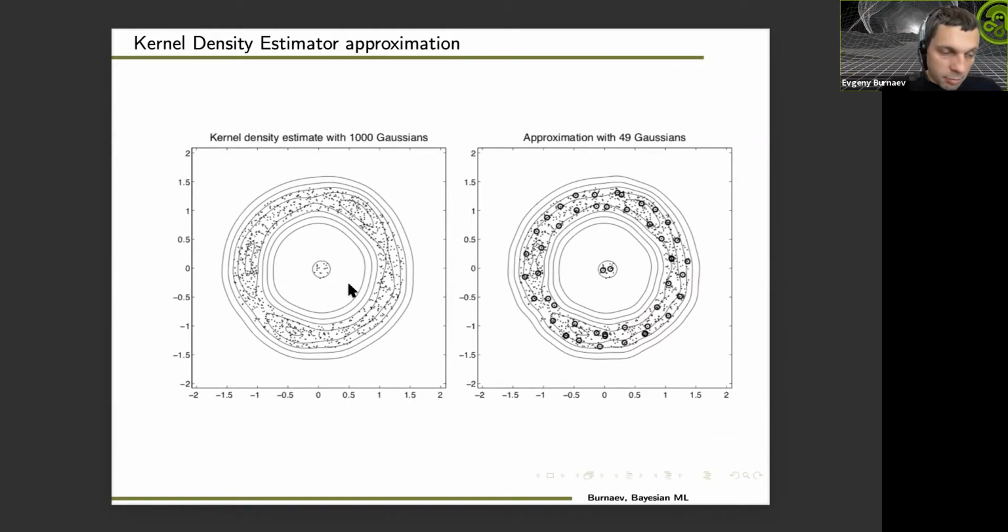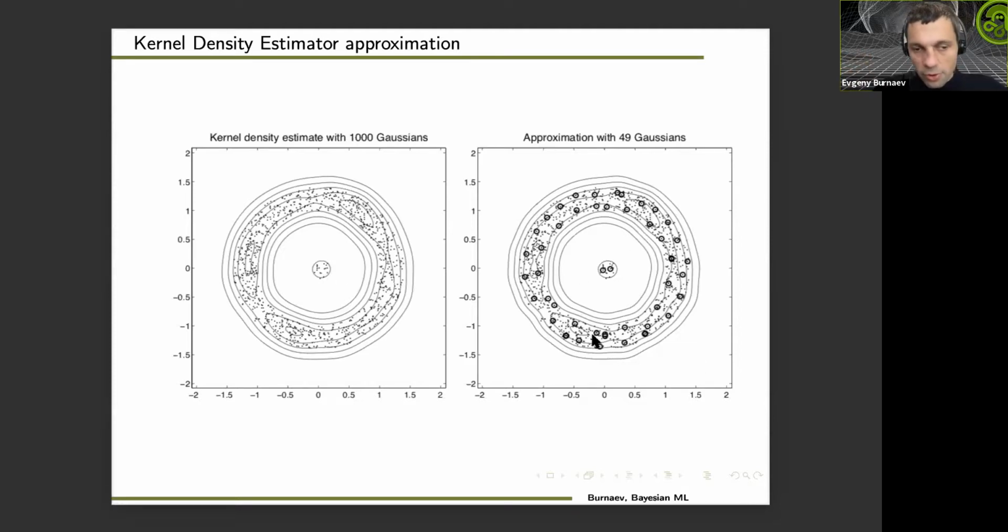But in practice, we don't need so many kernels, one in each data point. So we can select the most important support points, and for this we can use the relevance vector machine concept.